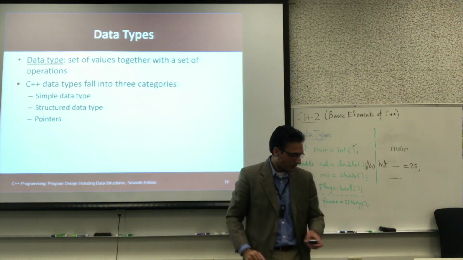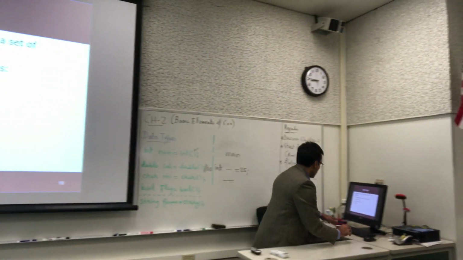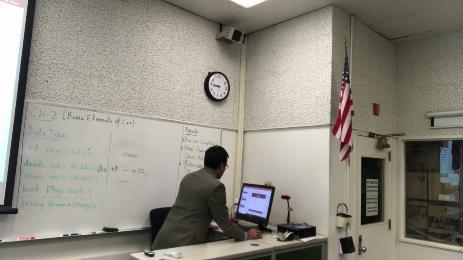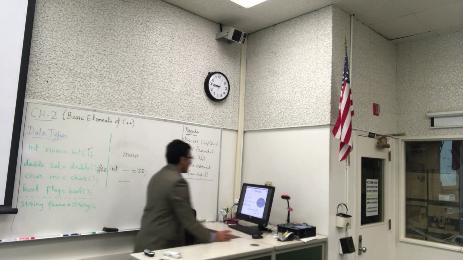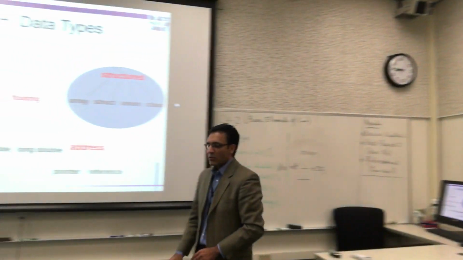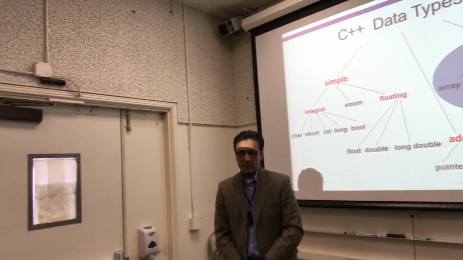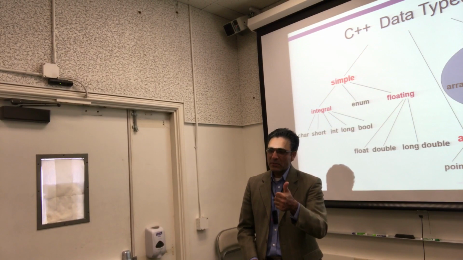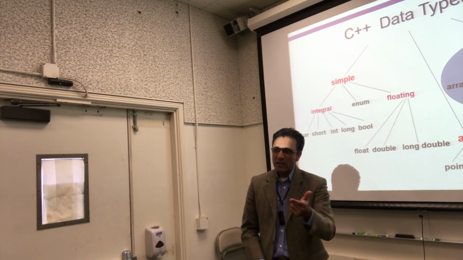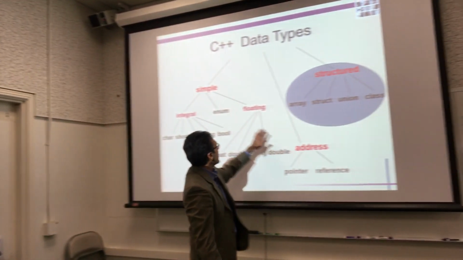So, data types. I have a slide on our Canvas. This is what the slide looks like, and let me spend the next 5 to 10 minutes on this slide. This slide shows all the data types available in C++. We have simple data types, structured data types, and address data types.